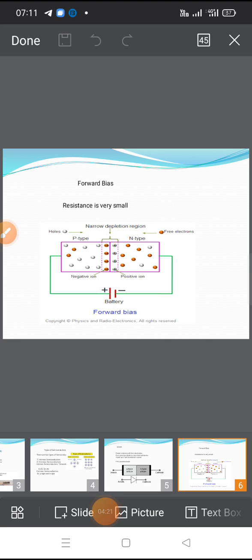This slide shows the forward bias of the PN junction diode. When the P-type is connected to the battery's positive terminal and the N-type to the negative terminal, the PN junction is said to be forward biased.